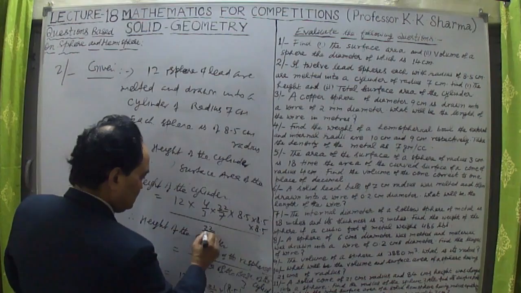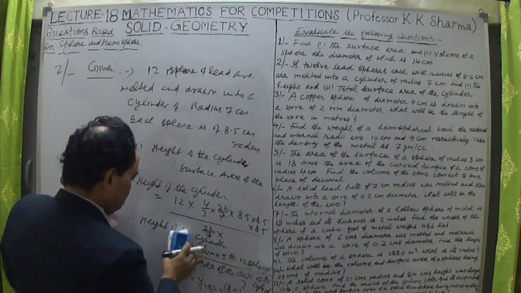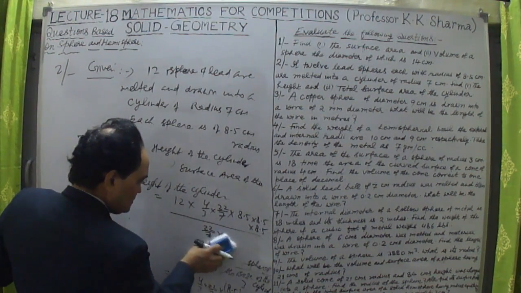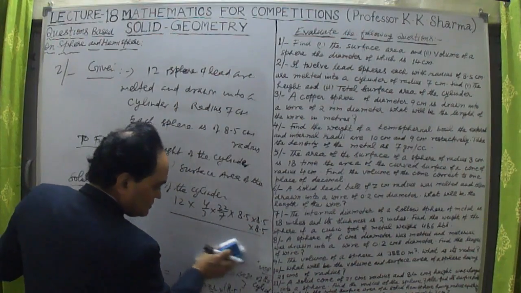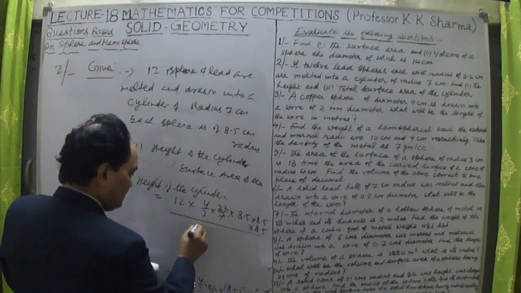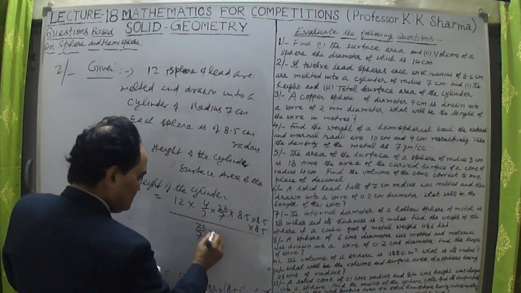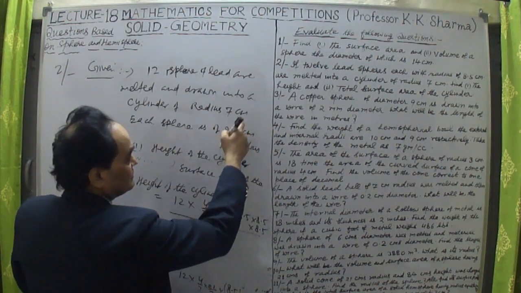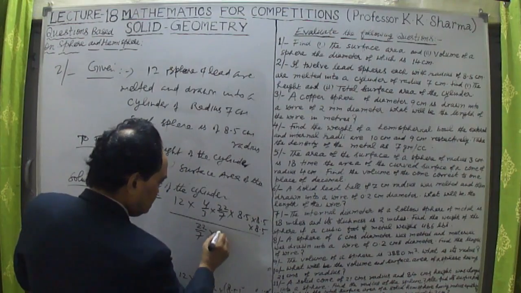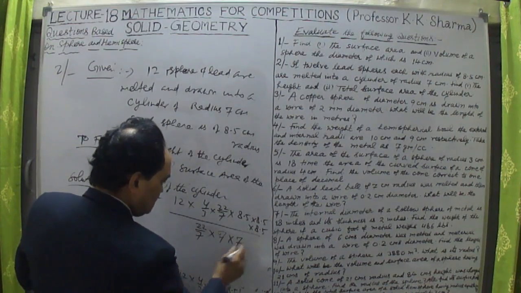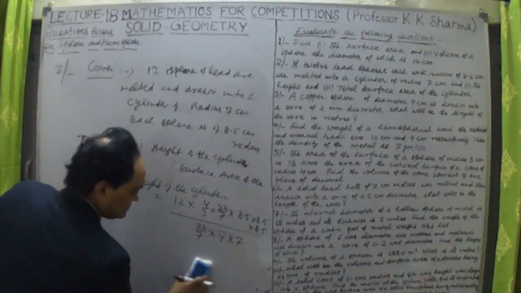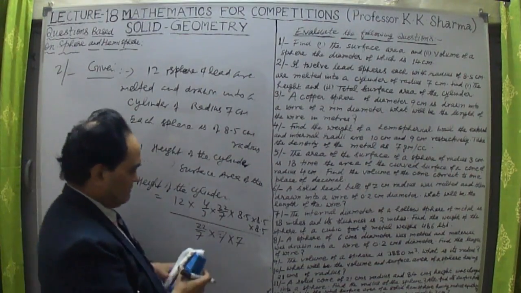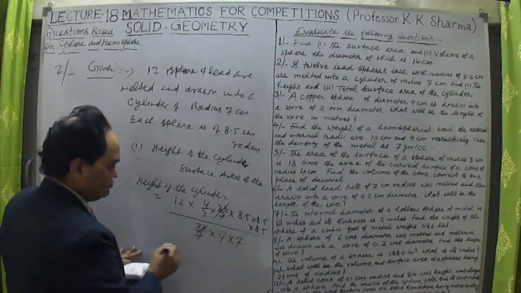This is 22/7 into r square, because pi r square, the area of the base of the cylinder, is pi, means 22/7 into r square. In this case r, the radius of the cylinder, is 7. So this is 7 into 7, r square. This will give us height, so this pi cancels out.